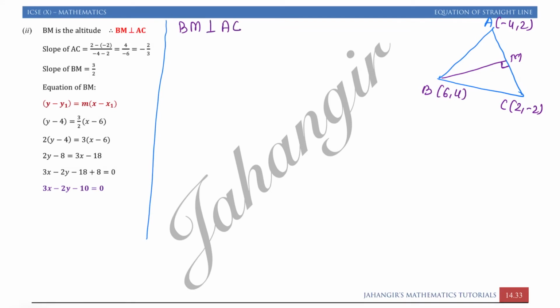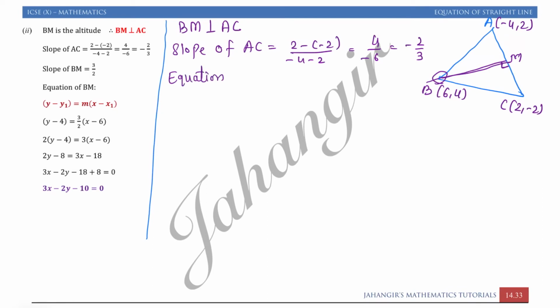So we have to find slope of AC because BM passes through B. Its passing point is B, and we know AC and BM are perpendicular, so product of the slopes is minus 1. So we can find slope of AC. Slope of AC is y2 minus y1 upon x2 minus x1, 4 by minus 6, that is minus 2 by 3.